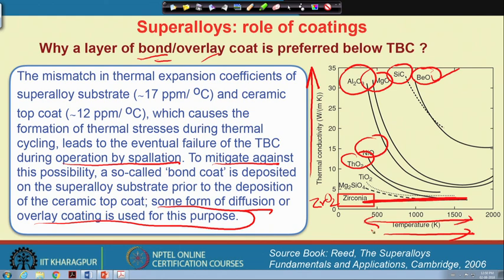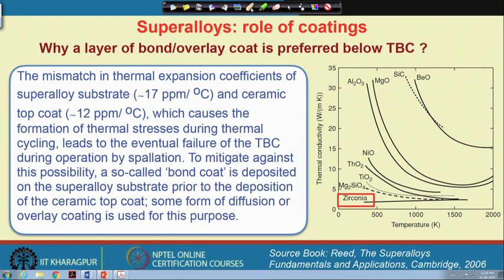If thermal conductivity is very uniform over a temperature range, it always gives us a better service life, so less stress will be generated between the substrate and the coat.